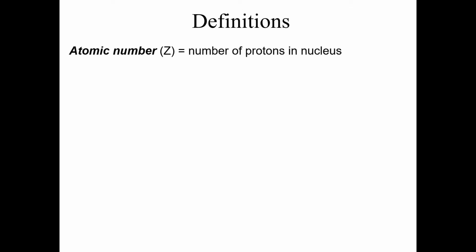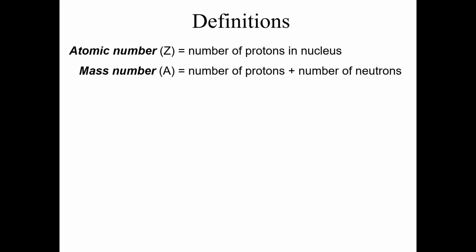Number one, the atomic number, which we represent with the capital letter Z, is the number of protons in the nucleus. The other important number we defined was the mass number, capital A, which represents the number of protons plus the number of neutrons.